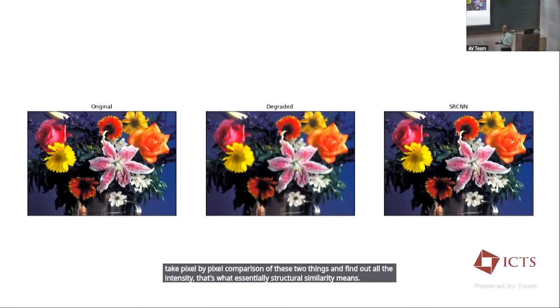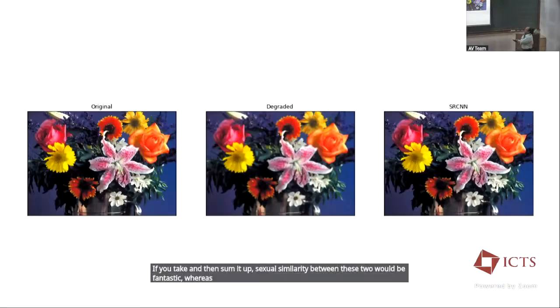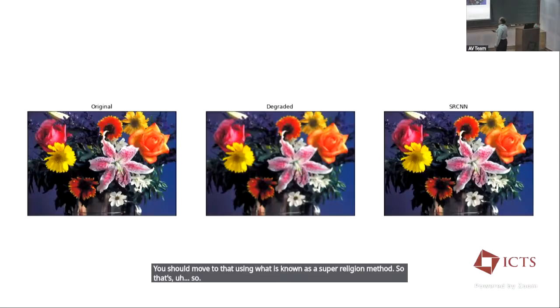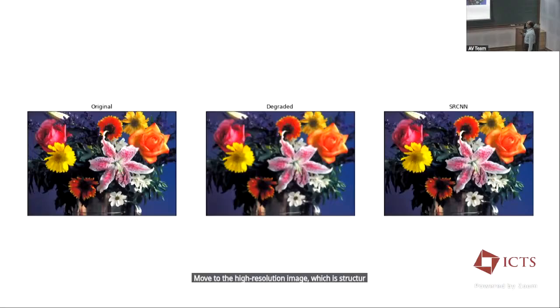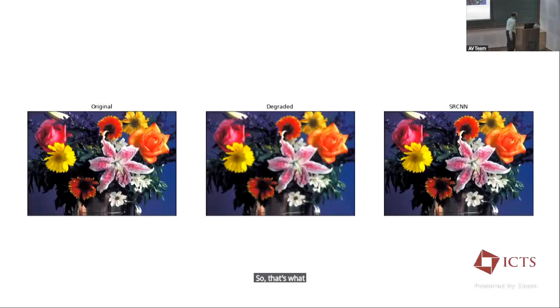If you sum it up, the structural similarity between these two would be fantastic, whereas these two will be less. Given this, you should move to that using what is known as a super resolution method. So given a low resolution image, we would like to move to a high resolution image which is structurally very close to the original image. That's what super resolution means in a very naive way.